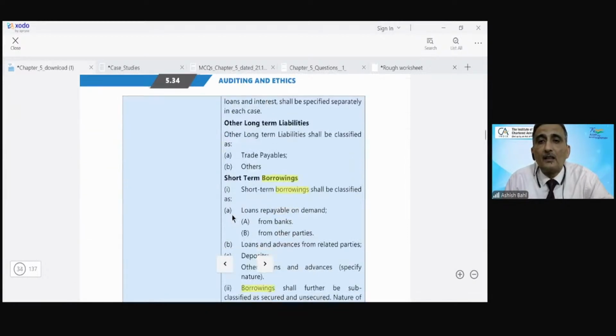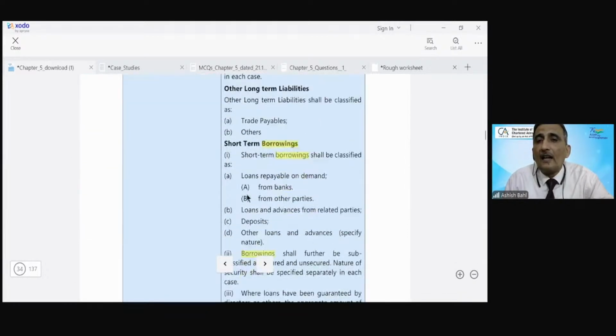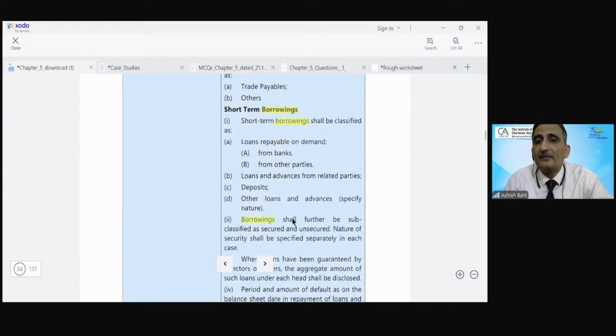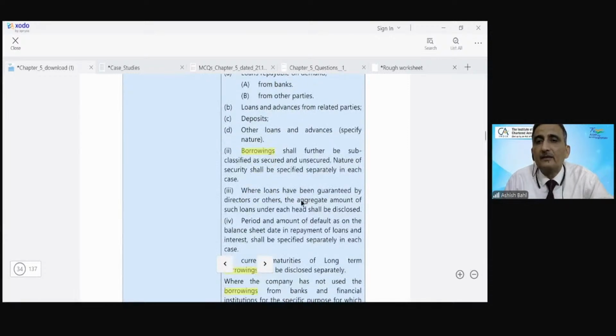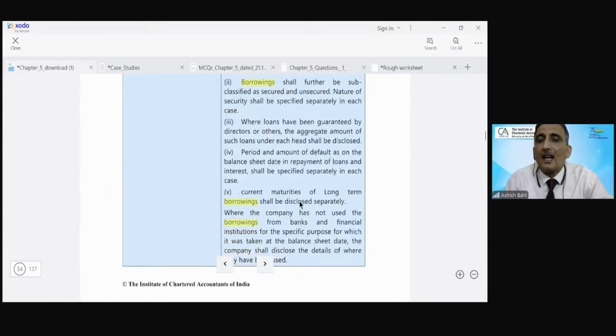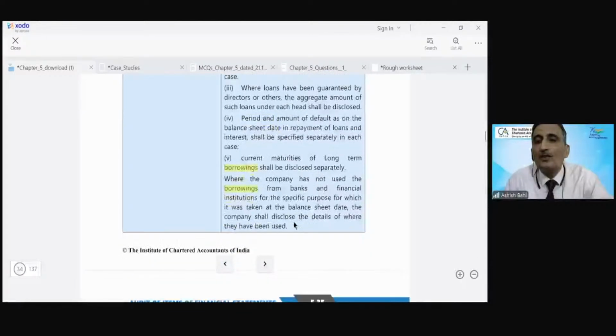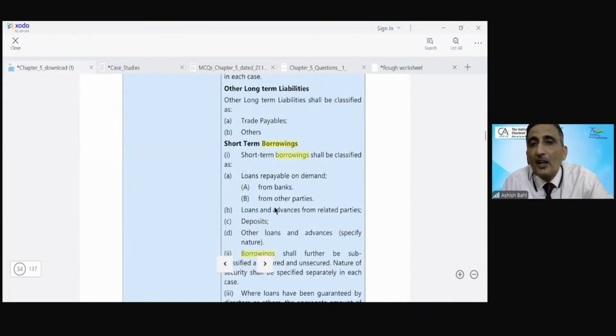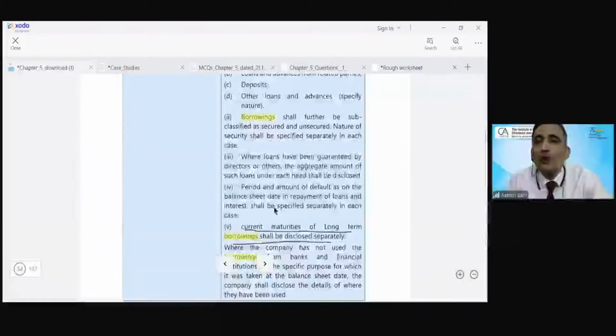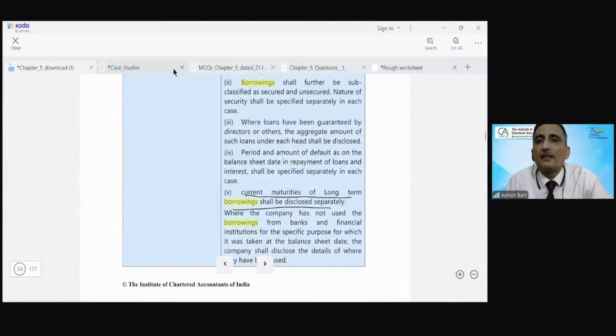And what is included in short-term borrowings? Loans repayable on demand, current maturities of long-term borrowings shall be disclosed separately under the heading what? Short-term borrowings, which are due in next 12 months. These would be shown under short-term borrowings.